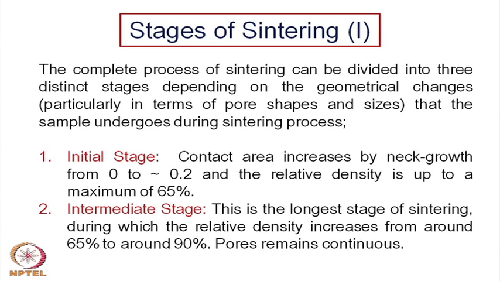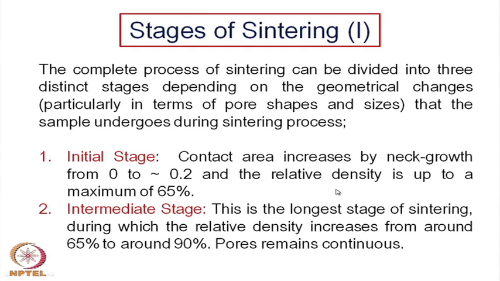So, that is the initial stage, and then we have an intermediate stage. This is the longest stage of sintering in the time scale, during which the relative density increases from around 65 to around 90%, and the pore remains continuous. Pore to start with is a continuous phase, because you have only point contacts.